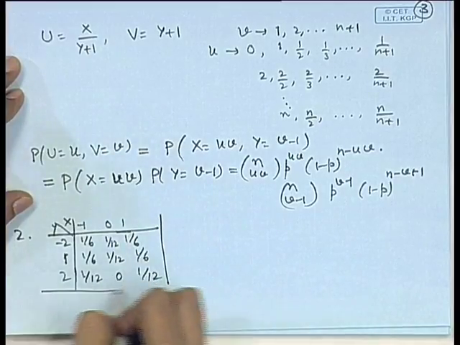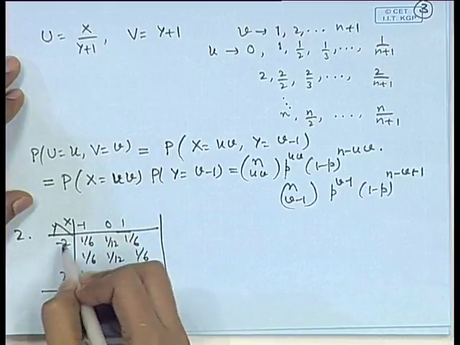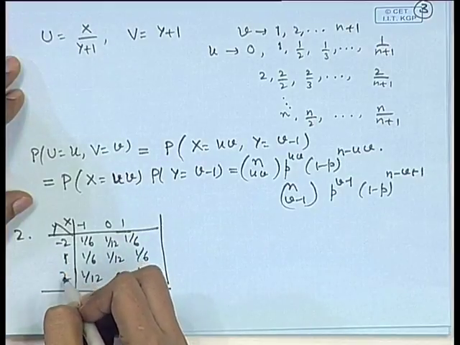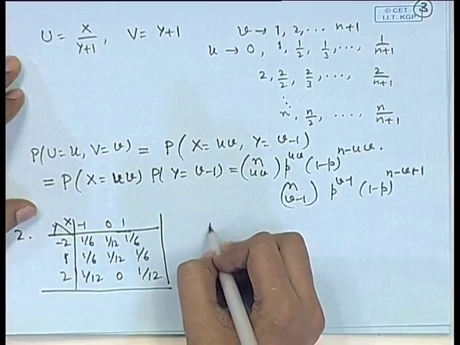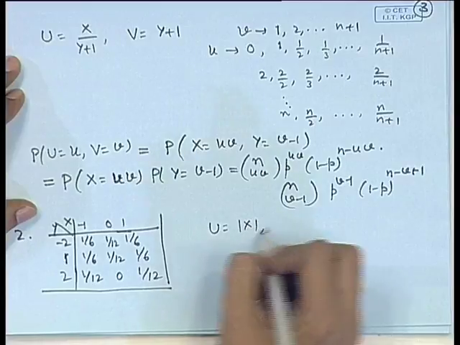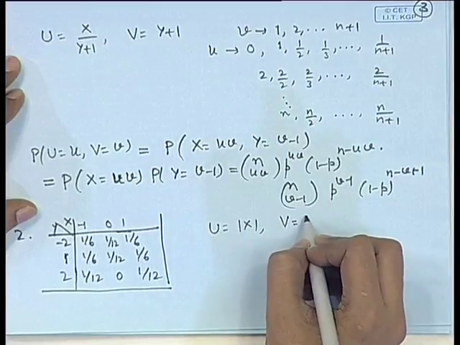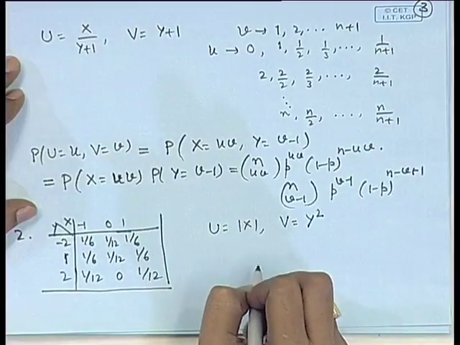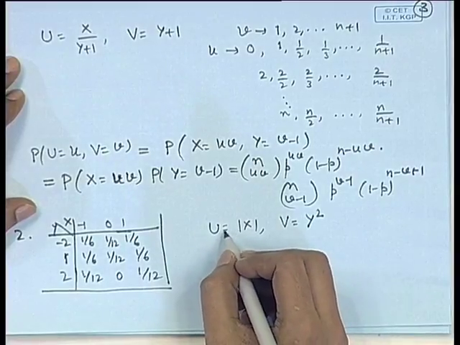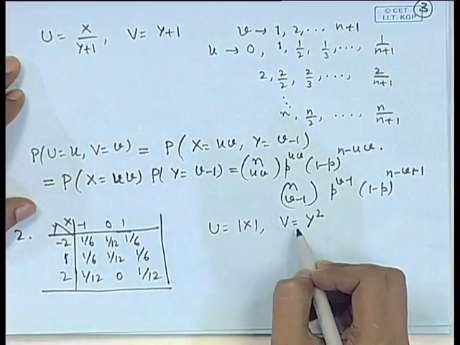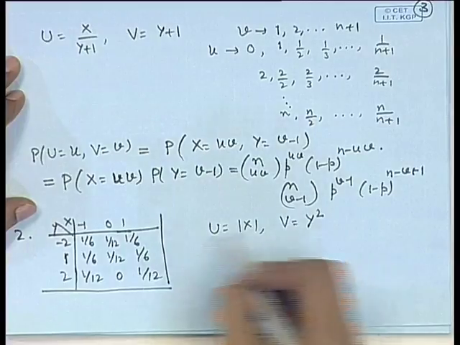So, x takes values minus 1, 0 and 1 and y takes values minus 2, 1 and 2. Suppose I define u is equal to modulus of x and v as y square. Then the possible values of u are 0 and 1 and possible values of v are 1 and 4.